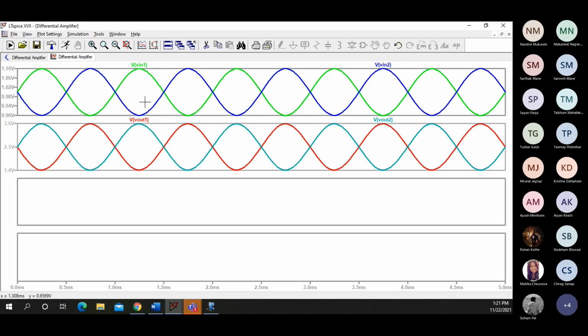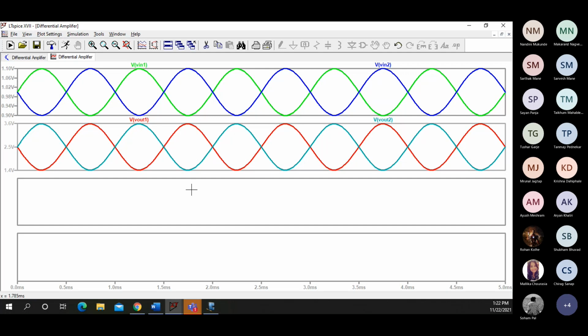This is because a differential amplifier is a combination of two CS amplifiers, and like CS amplifiers, here also there will be a phase shift of 180 degrees between the input and the output.